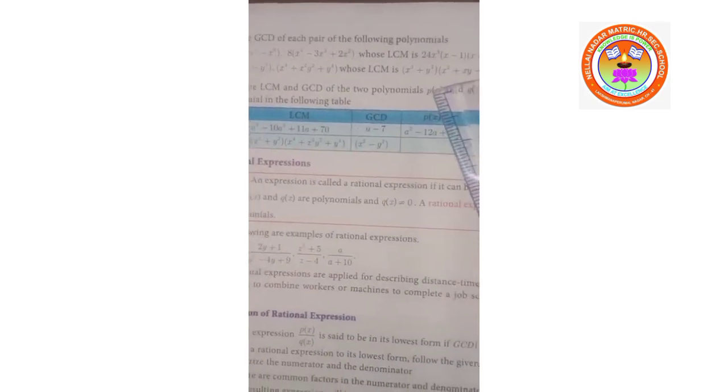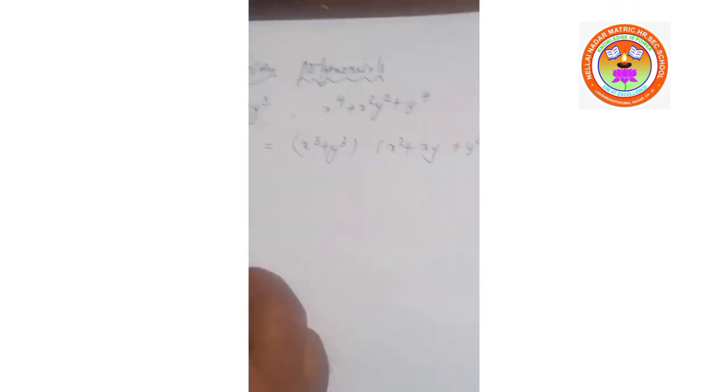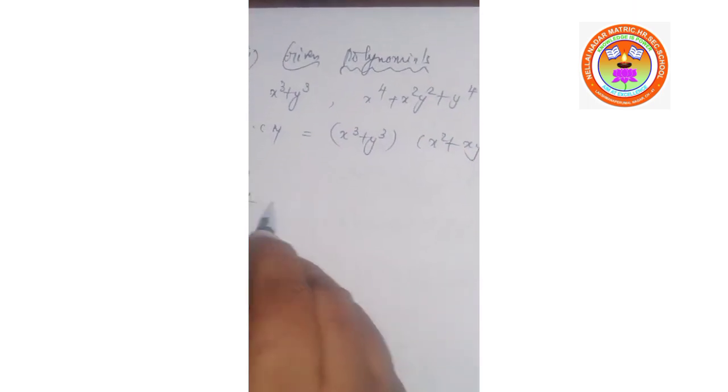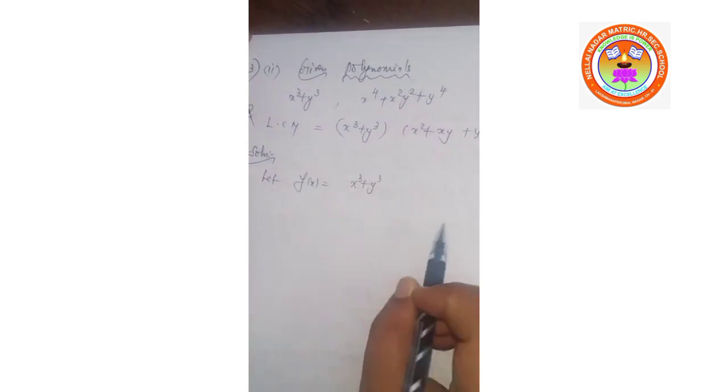Now question number 3 subdivision number 2. Find the GCD of the following two polynomials. You are given the LCM also. Okay. Here are two polynomials. I consider the first polynomial as f of x. Let f of x be x cube plus y cube.